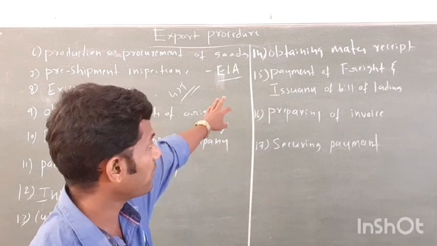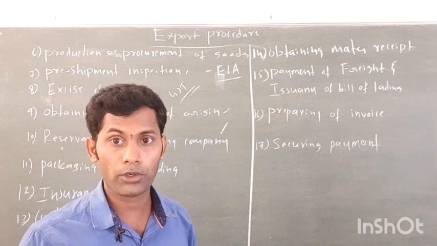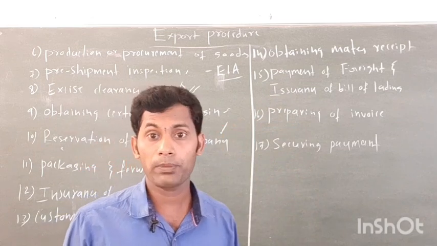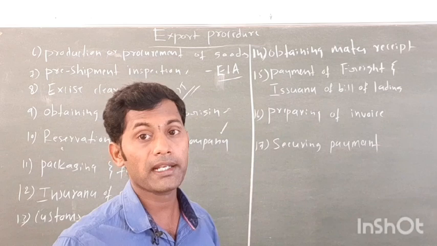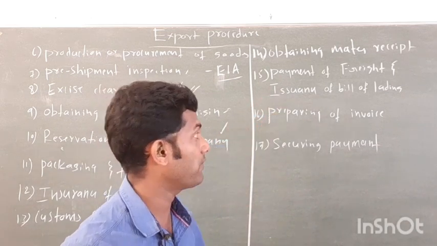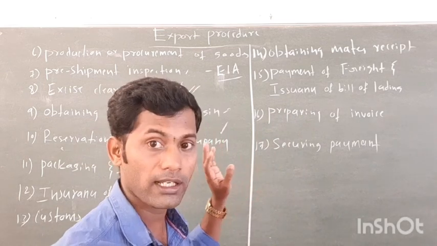After sending goods to the port, we get a mate receipt from the superintendent of the ship. So that is obtaining mate receipt. Then the 15th, payment of freight and issuance of bill of lading. We have to pay a fee for the ship.